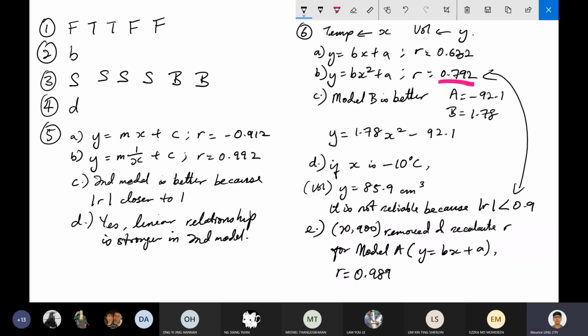So it's 0.989. Okay, you can check your calculation. Is this one model A or B? A, look at the question. Read the question. Don't blindly do it. The question already says, by removing this outlier, recalculate the coefficient of linear model A.